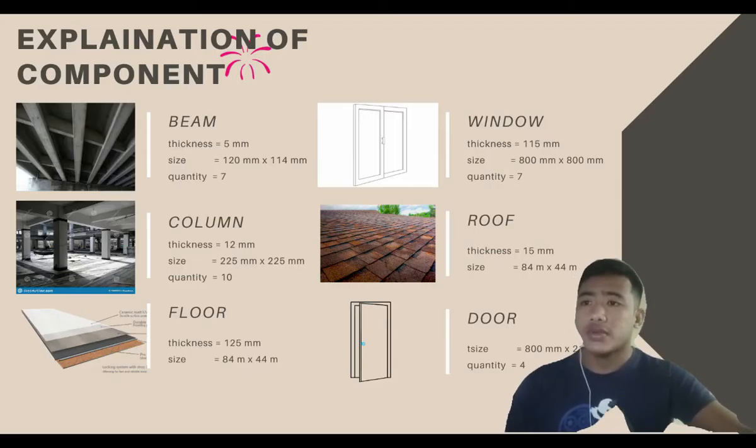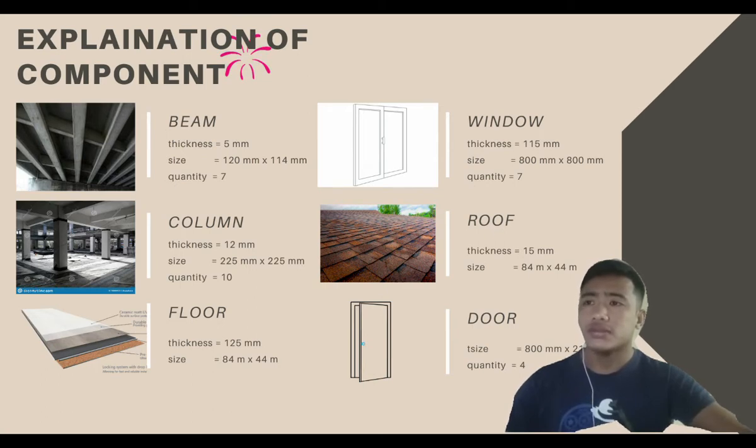In this project, we estimate that we will use 7 beams, 5 continuous beams and 2 concealed beams. The thickness for the beam is 5 mm, the size is 120 millimeter times 114 millimeter, and the quantity for the beam is 7.